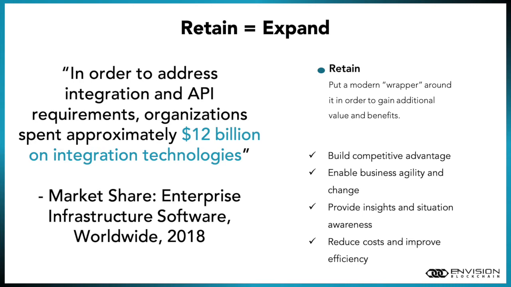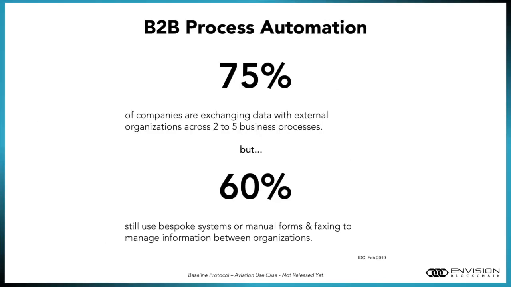So in the B2B world, as we relate to business process automation, 75% of companies are exchanging data with external organizations across 2 to 5 business processes. So this is what we're saying at the beginning, kind of like, organizations are already accustomed to performing decentralized operations. Nothing new. One company deals with another company.